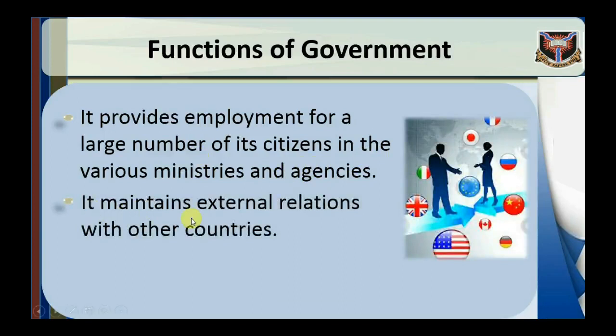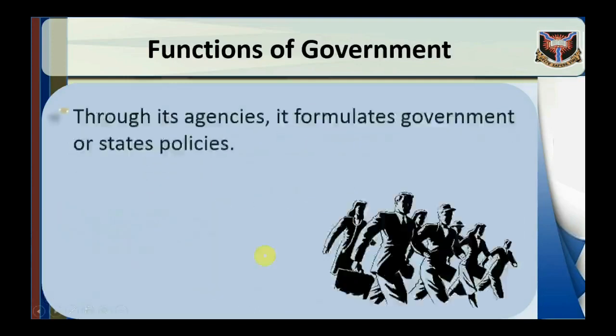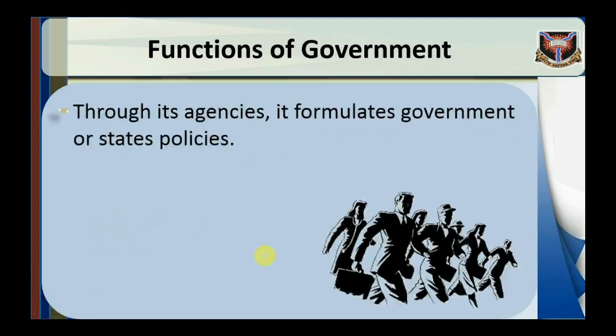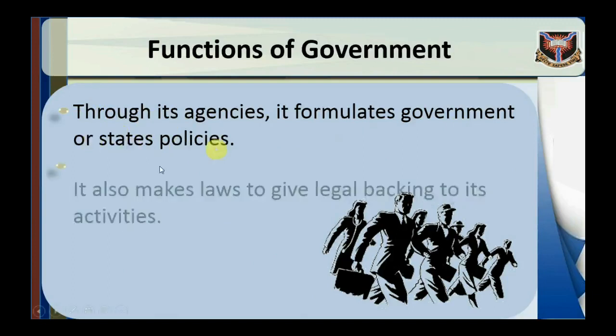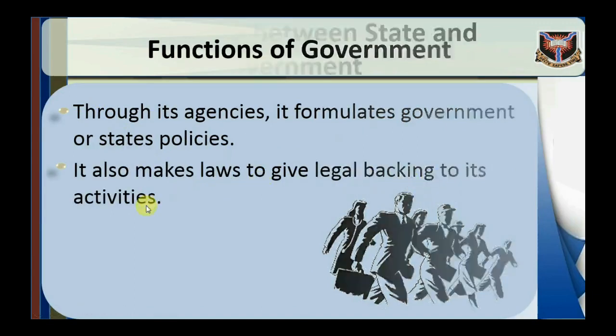6. It maintains external relationships with other countries in such areas as economic, political, and cultural, etc. 7. Government, through its agencies, formulates government policies or state policies, and it also makes laws to give a legal backing to its activities.